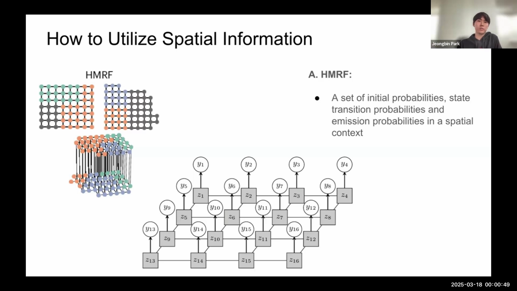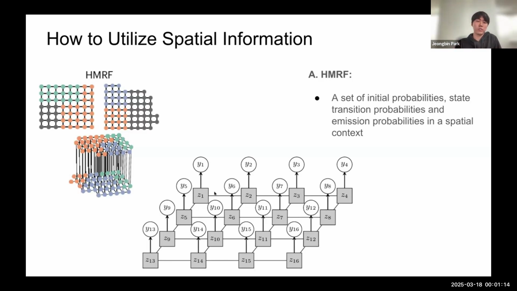HMRF is a variation of hidden Markov model, HMM. HMM refers to a set of initial probabilities, state transition probabilities, and emission probabilities. When HMM is considered in a spatial context, it is called HMRF, hidden Markov random field. So there are a number of hidden variables, the Z's, and the Y's are the observations or emissions.